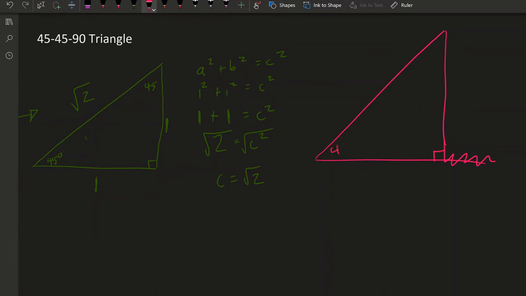If this is 45 and this is 45, let's say, for example, that I know that this side right here is 12. Well, if one of the legs is 12, I know that the other leg is 12, and then looking over here at the green triangle, it goes 1, 1, square root of 2, so this would be 12, 12, 12 times the square root of 2.